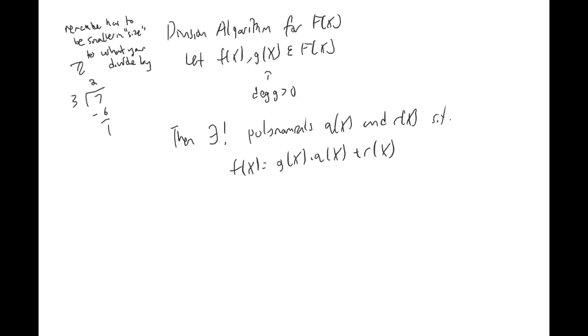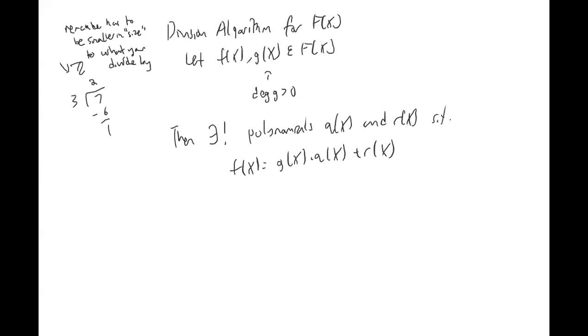There's no such thing as degree in Z. Z is just numbers. So I'm saying you all know this. How can I tell a number is bigger in size? Forget negatives, just positive numbers. Absolute value.